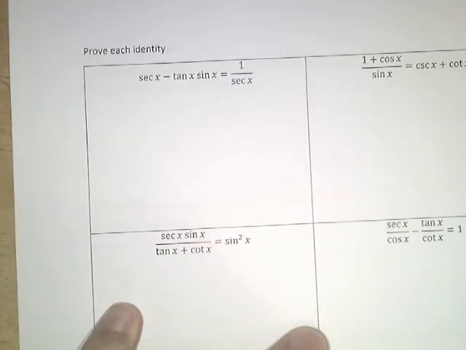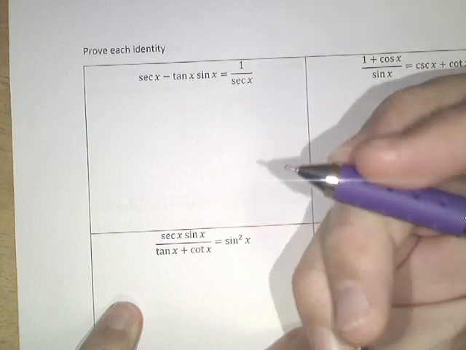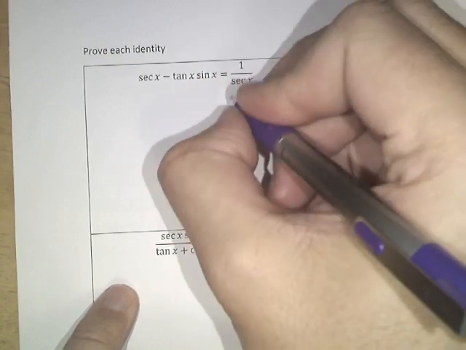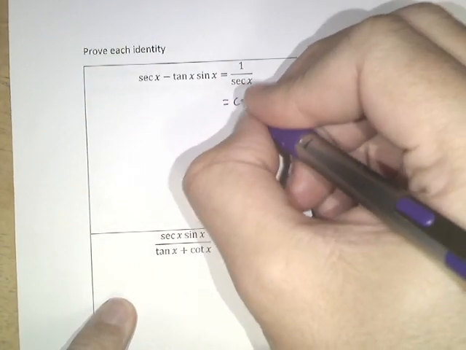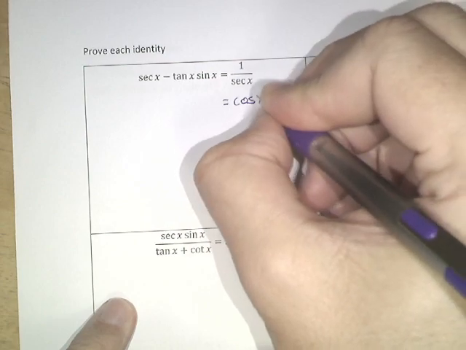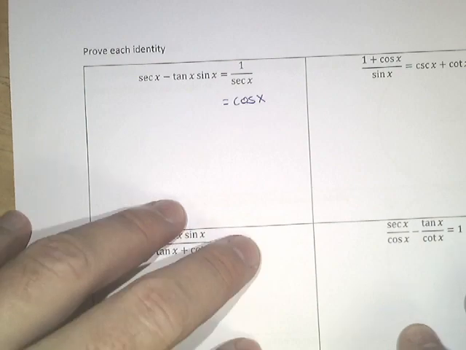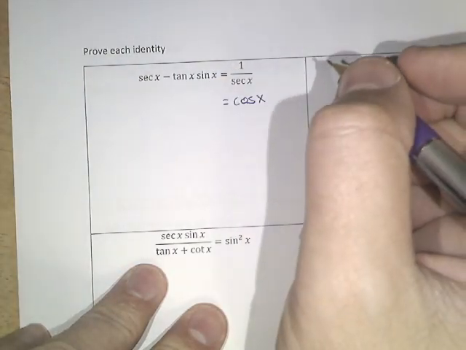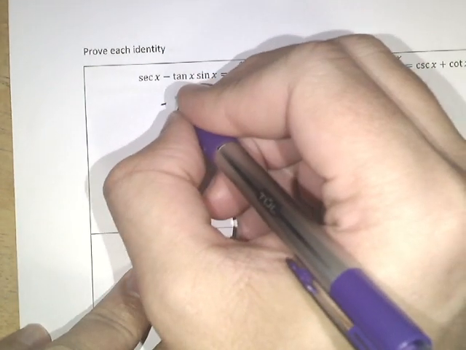Or I can get everything in terms of cosine and sine, and I think that's what I'm going to do. So this side, 1 over secant, is going to be cosine of x. Let's come back to that secant for a second, and let's get tangent.